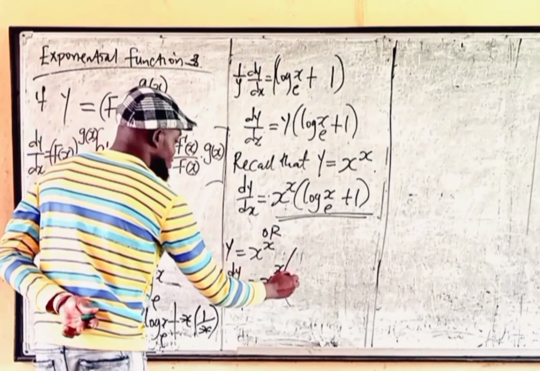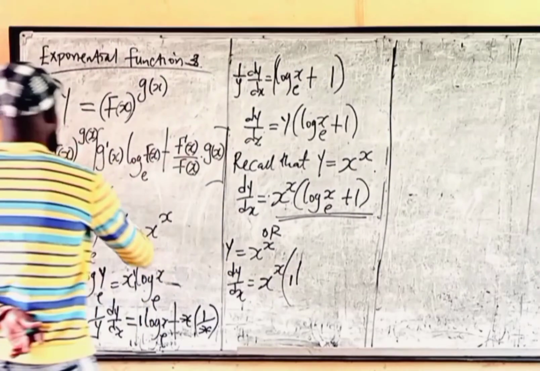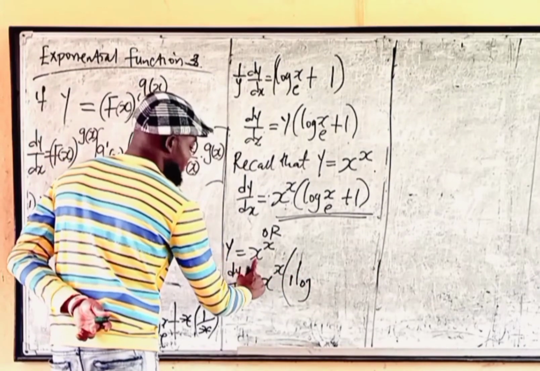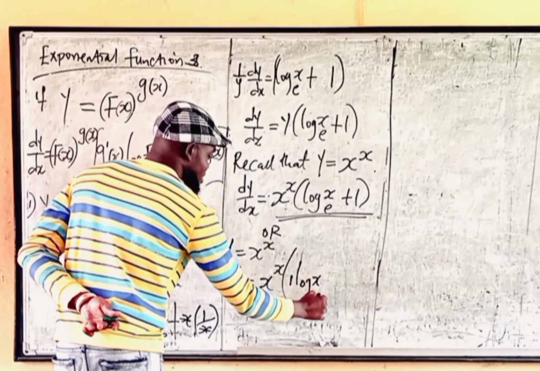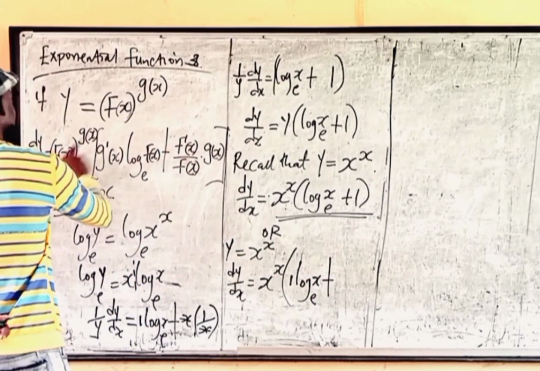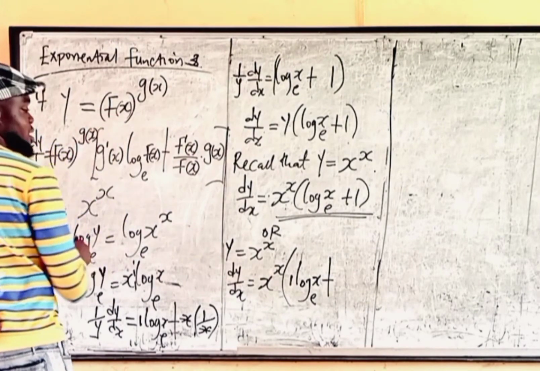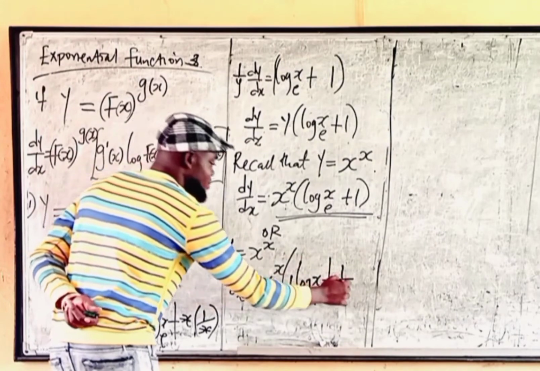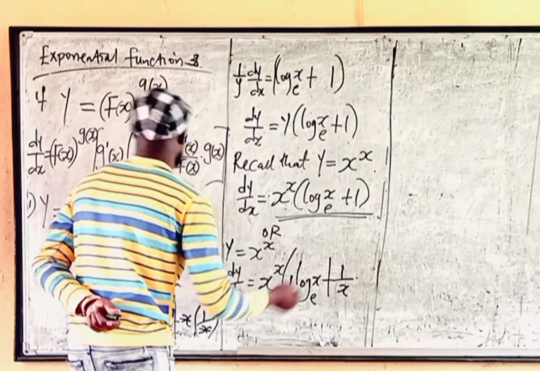So differentiate this x, we will have 1, then times log of f of x, the downside, x to base e, plus f prime of x followed by f of x, means you should differentiate this and divide it by this same f of x. So differentiate this denominator, we have 1 divided by this same denominator times the g of x.